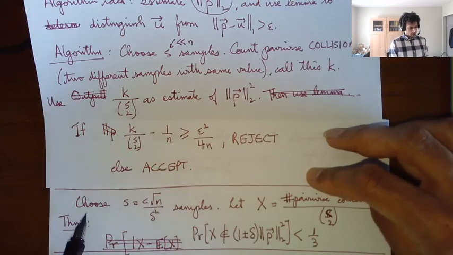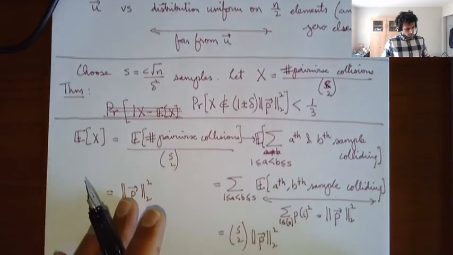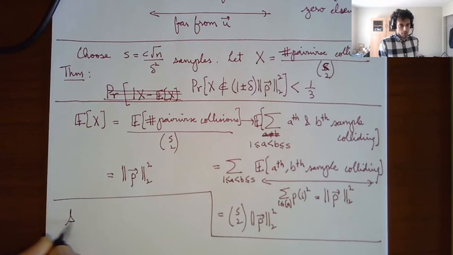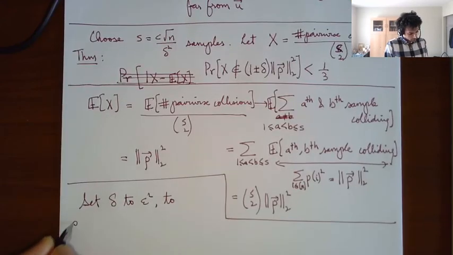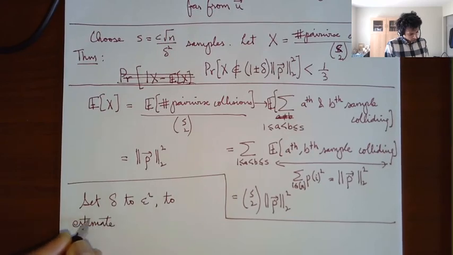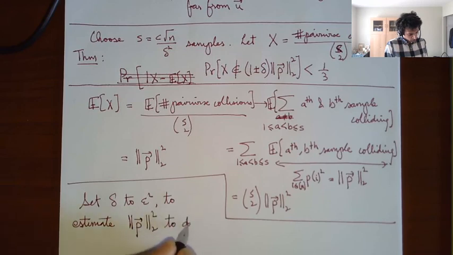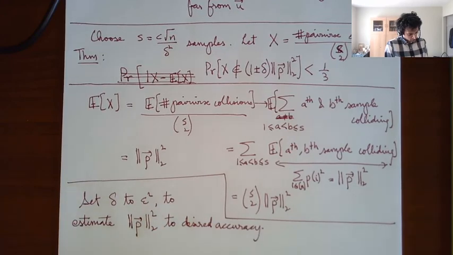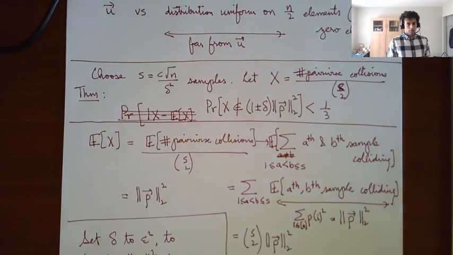In general, what I will do is set delta to epsilon squared to estimate the 2 norm squared to the desired accuracy. This theorem here is the main birthday paradox calculation that I need to show you.